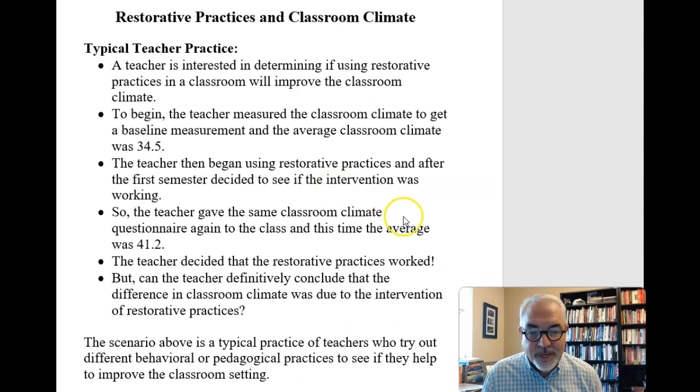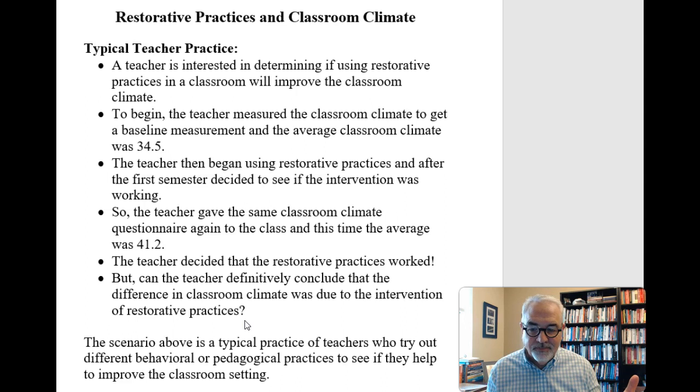So the teacher retests the class, and this time the average is 41.2. So the teacher decided, okay, I guess the restorative practices worked. But the question is, can the teacher definitively conclude that the difference in classroom climate was really due to restorative practices? 34.5, it increased to 41.2.